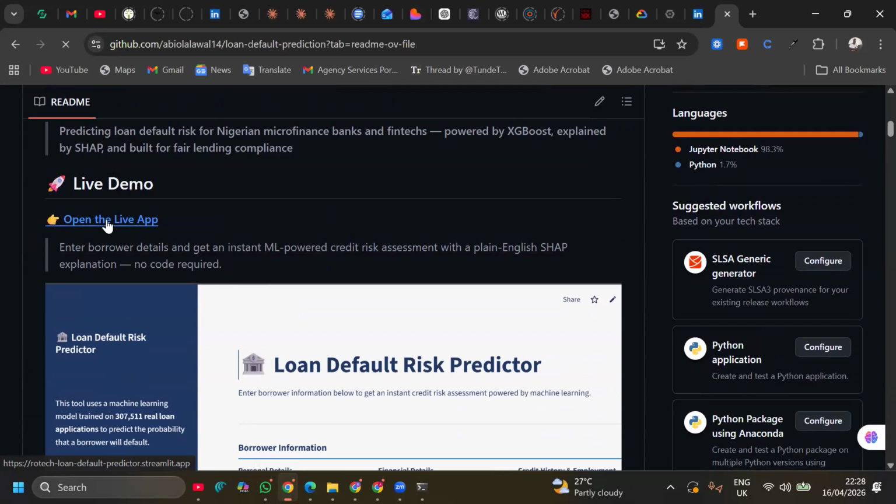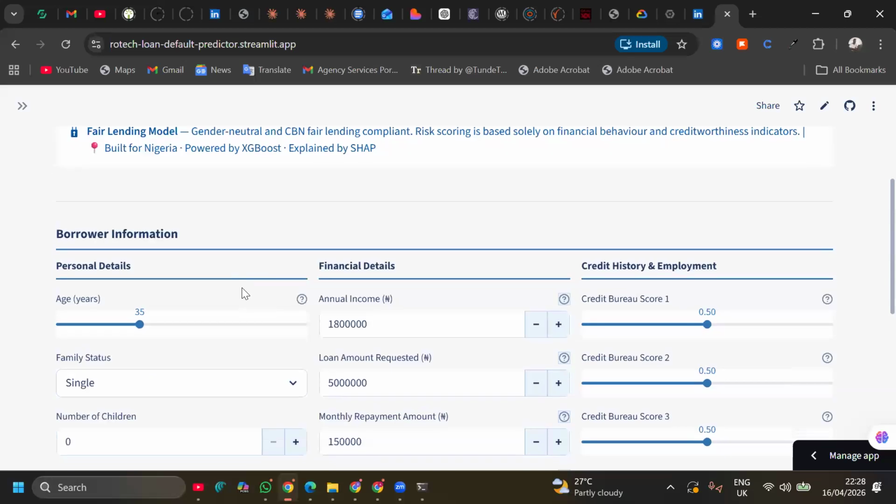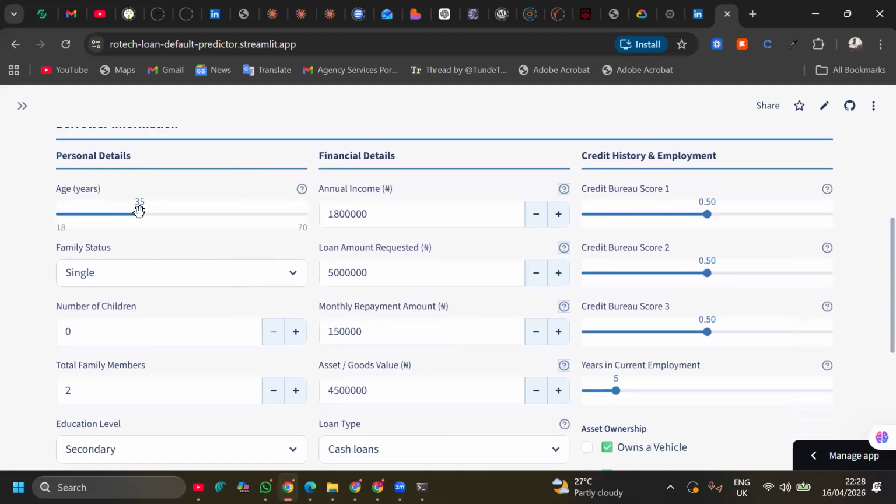After building the app in Python, I deployed it on Streamlit, such that anyone can supply their information and the app is going to predict whether they will default. So this is the app. You give your age, right?